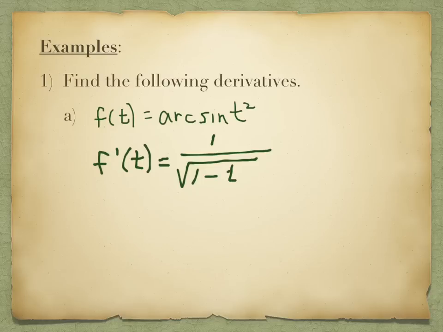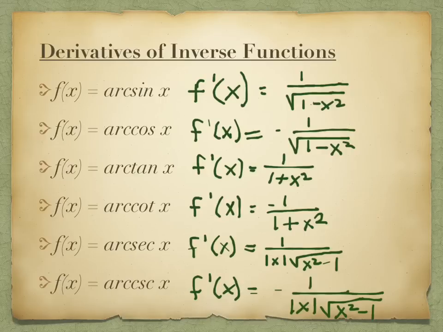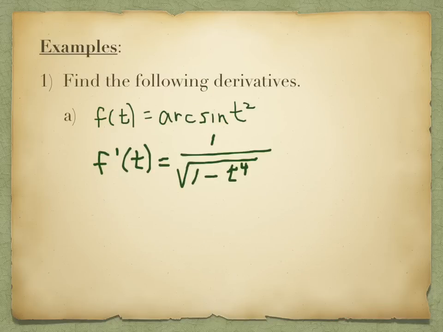Because the x is already squared, or the function is already squared. Right, this rule over here has x squared in it with the plain old x in the function, right? So right here where I've got my t to the 4th, that's actually t squared squared. It's whatever's inside the trig function, and then I square it.